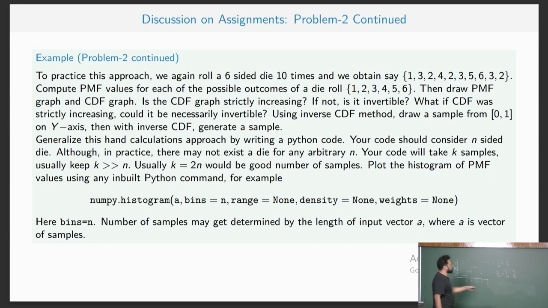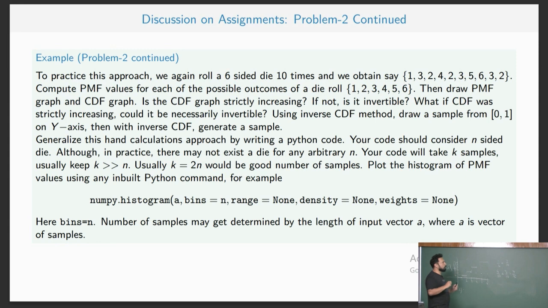It's just that when you are generating the samples, make sure that the number of samples is usually more than the possible outcomes, okay. In this case, the possible outcomes that I choose is n, where n corresponds to 6 here. So it's like you have an n-sided die, and usually you will keep the number of samples on the order of 2n, okay.